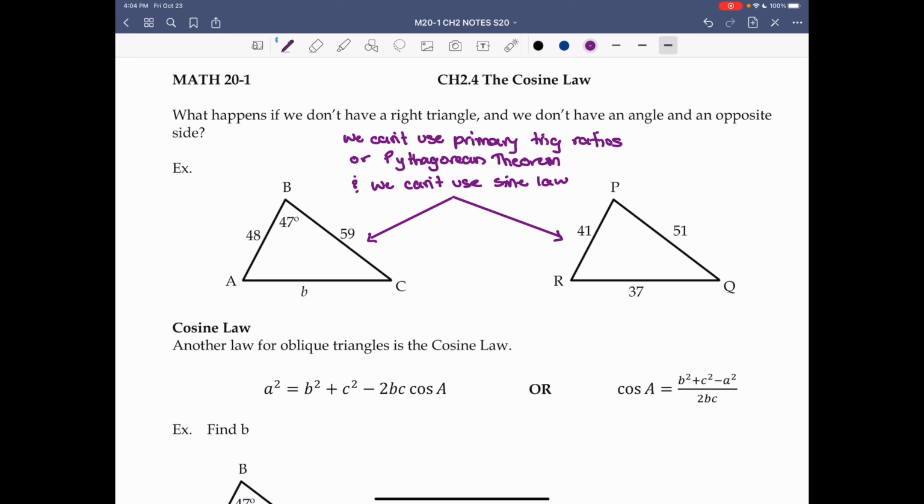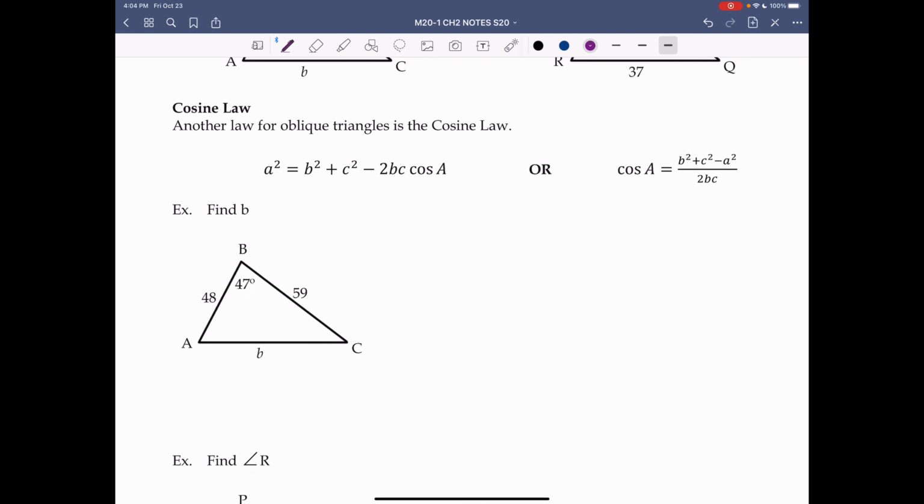We have the cosine law, which is also for oblique triangles, which means non-right triangles. There's two forms of the cosine law.